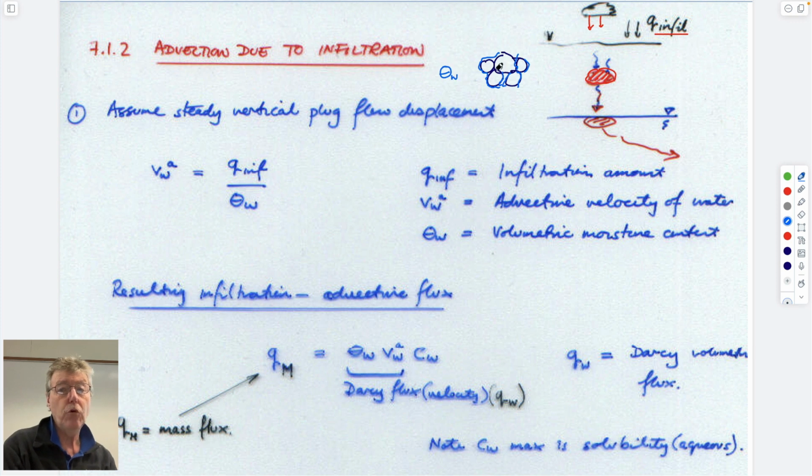So if water completely fills the pores, then this is equal to the porosity. But if you think about rainfall coming into this, the moisture content is probably at some kind of pseudo steady state.